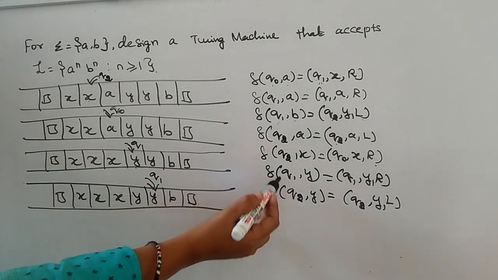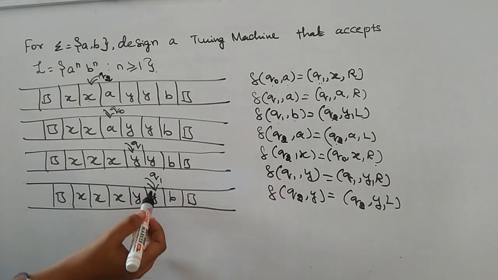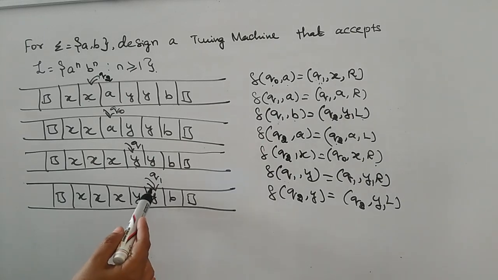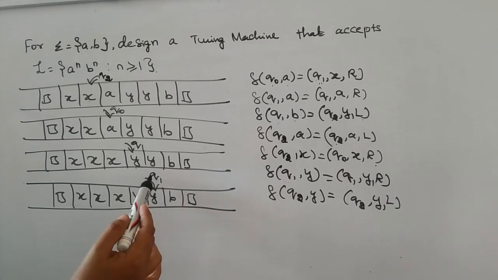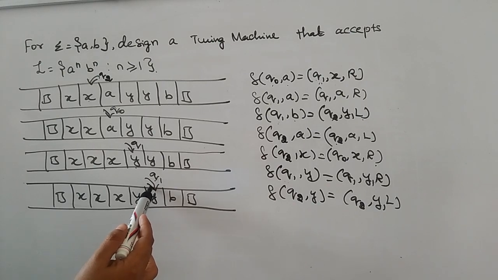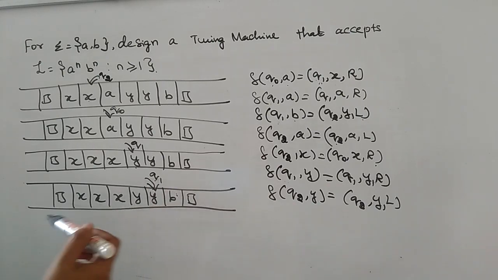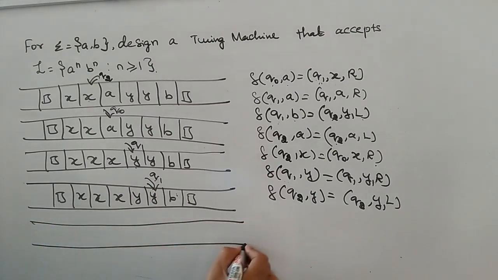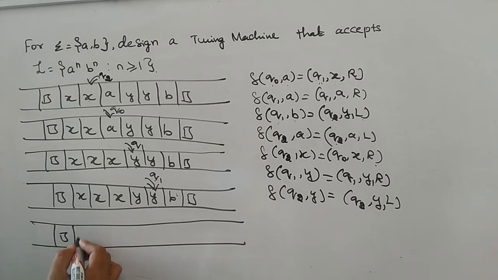As per this transition, if the read write head is pointing to the symbol y and the machine is in the state q1, we are not going to replace anything, simply we are just going to move the read write head towards right only. That's why we are just going to shift it again towards right.